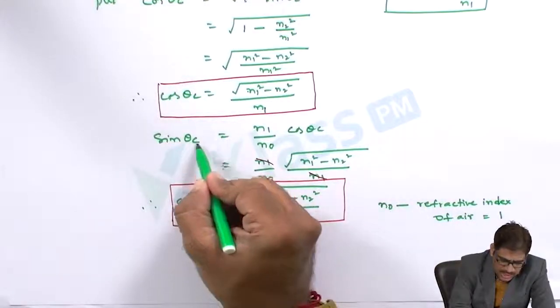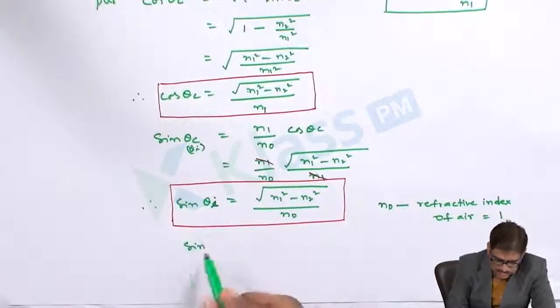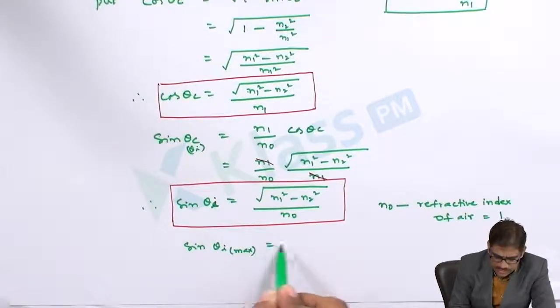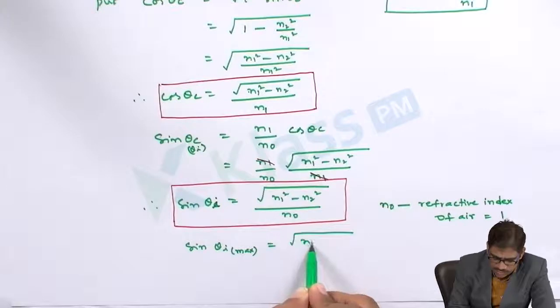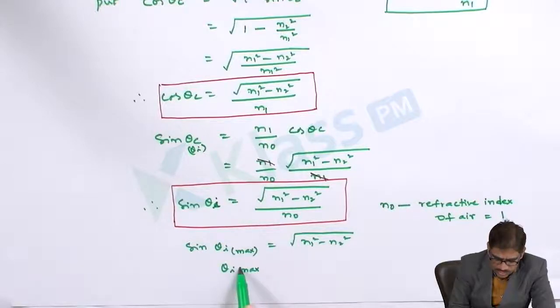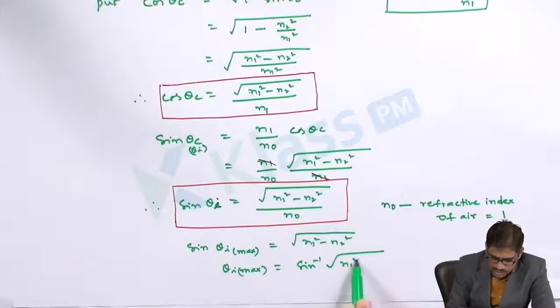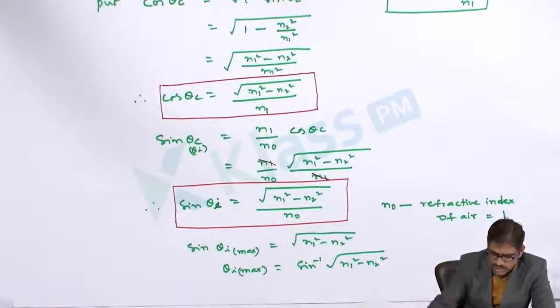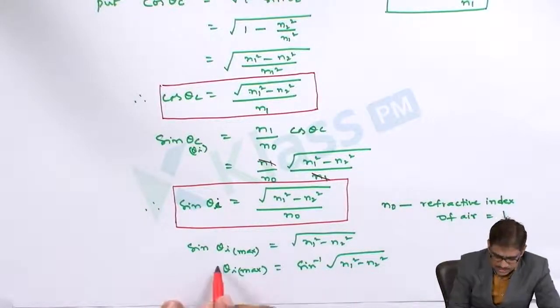So sin theta I maximum, nothing but the critical angle, is written as root of n1 square minus n2 square. Adapting this equation, we have theta I max is equal to sin inverse of root of n1 square minus n2 square. So this is for the acceptance angle.